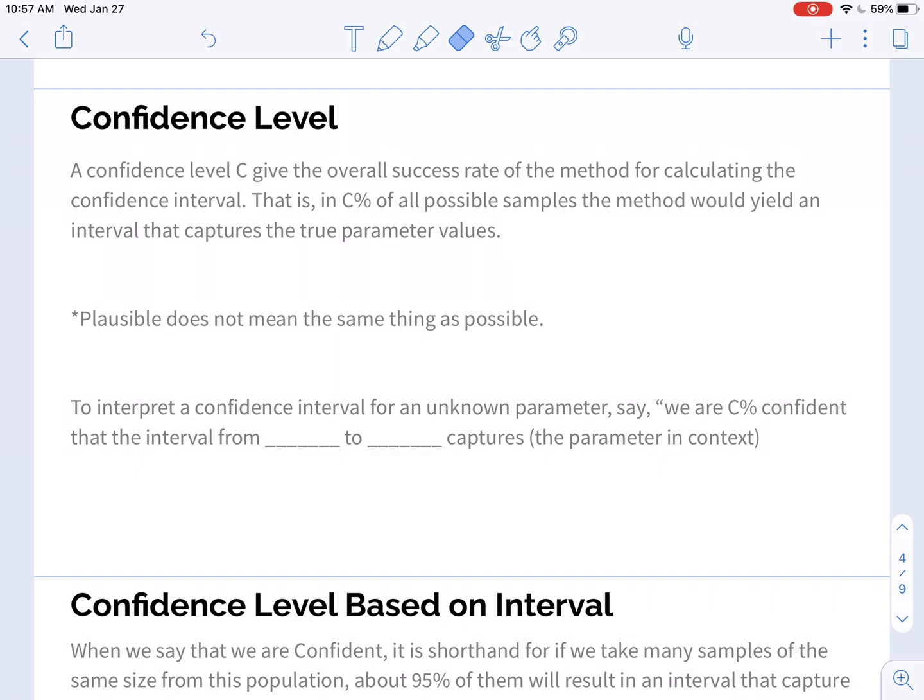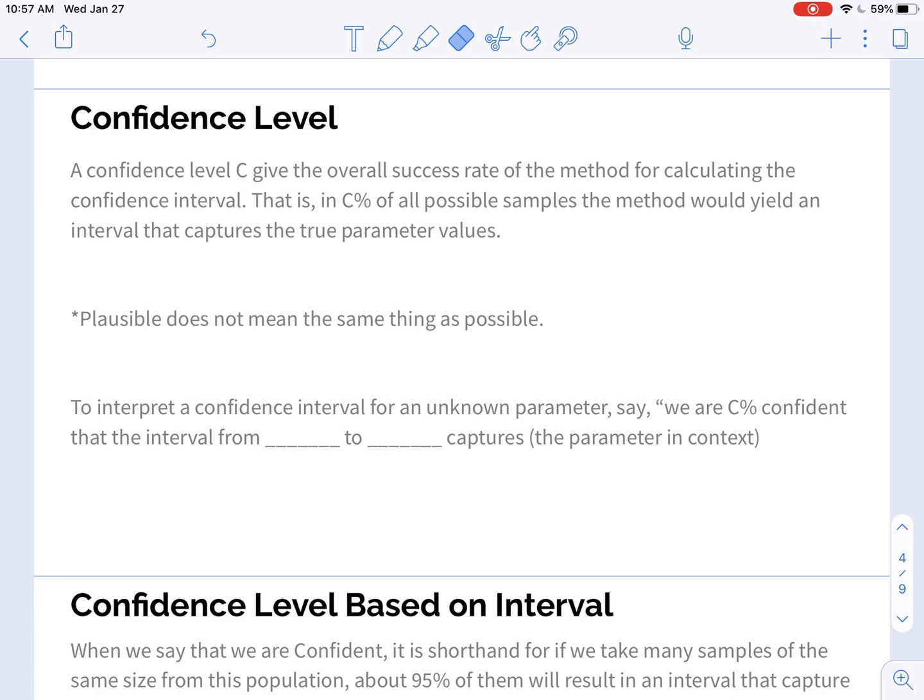But we do want to keep in mind, let's say that I'm looking at the mean income in the United States, and I figure out that the mean income in the United States is probably somewhere between $55,000 to $65,000 a year, and I did that at a 95% confidence level.